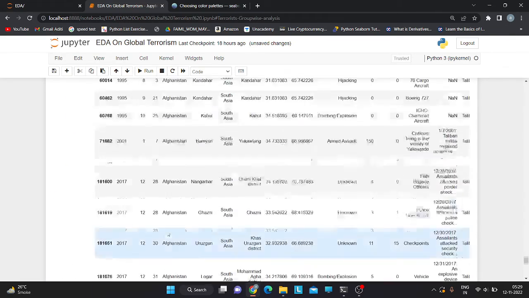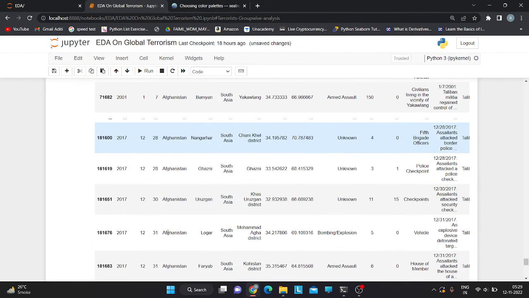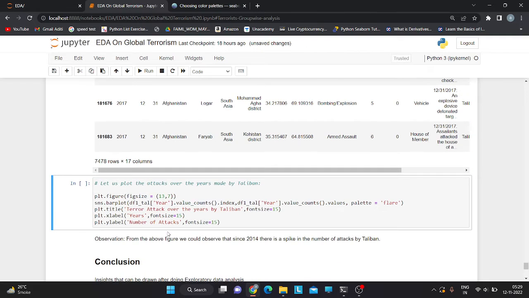So it's too much. We are not able to understand what exactly is conveyed in this particular data frame. So there are 7478 rows and 17 columns. Imagine the data is huge. So let us plot it so that we can get a clear picture.